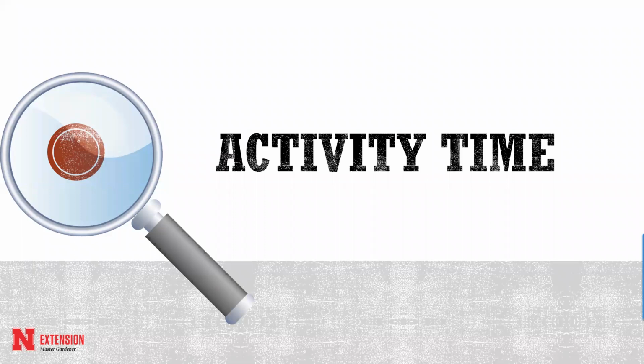So now we're at our first activity. You should have one handout that is labeled Landscape Environment Hands-on Worksheet. So this is going to walk you through doing this since we weren't able to do this live.